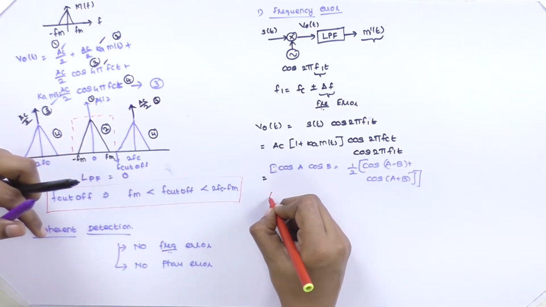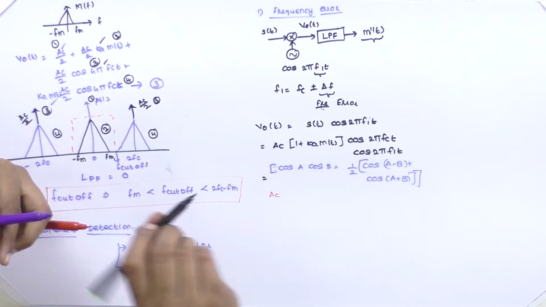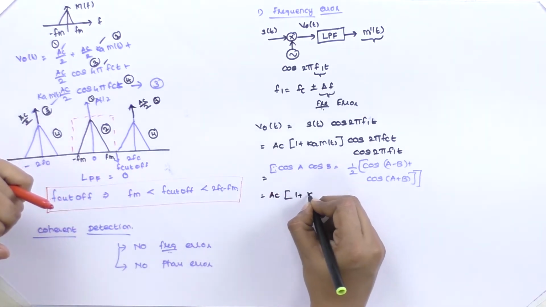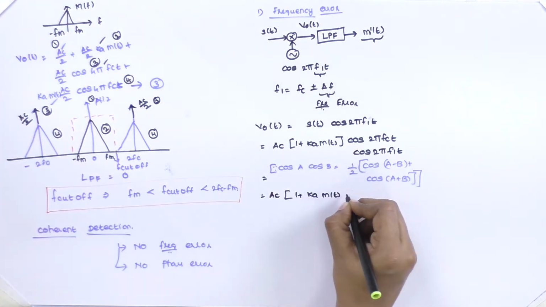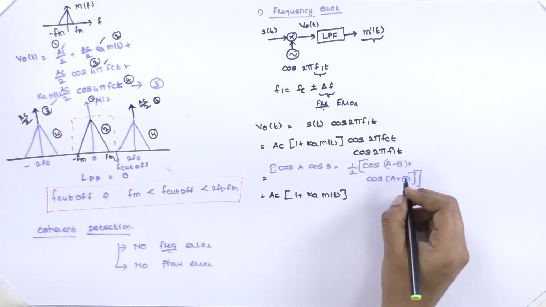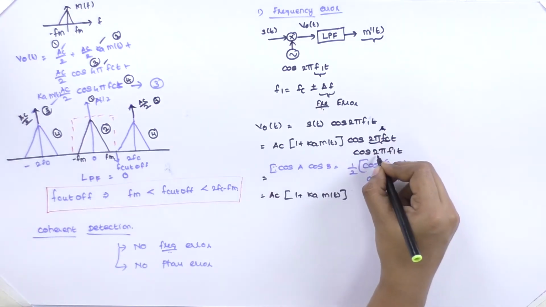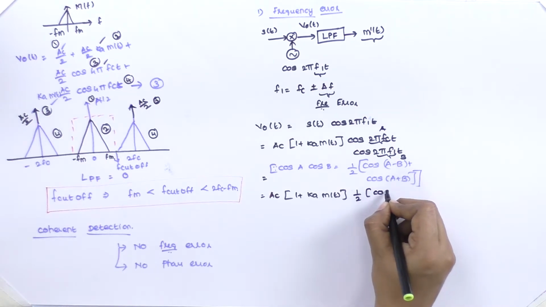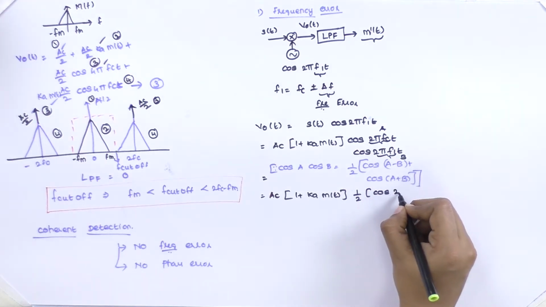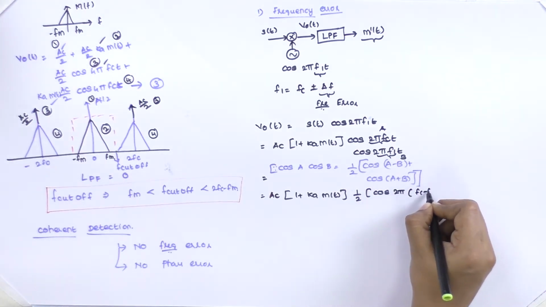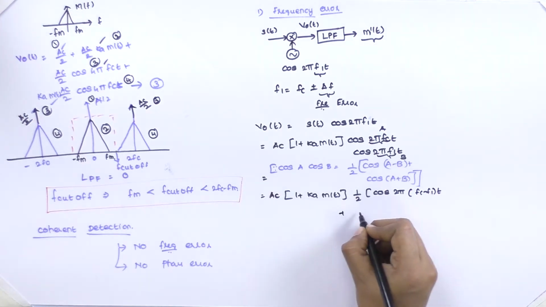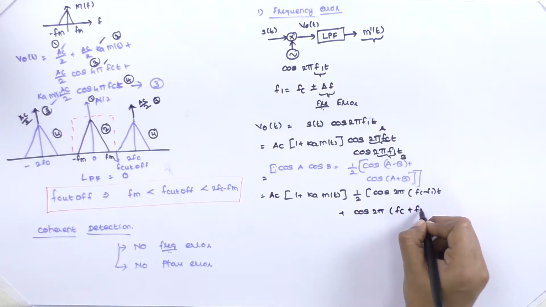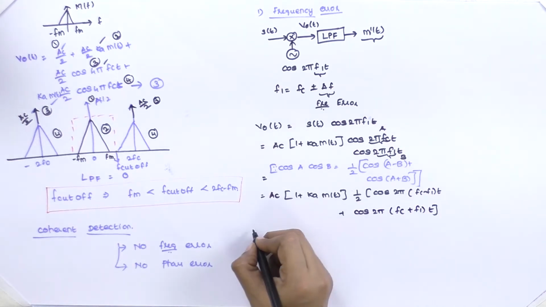If we substitute that in this equation, AC into 1 plus Ka m of t cos 2 pi fc, we are referring to this term as A and this term as B. Therefore, 1 by 2 into cos of 2 pi fc minus f1 of t plus cos of 2 pi fc plus f1 of t.